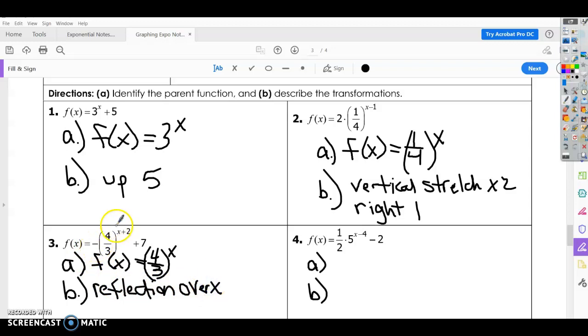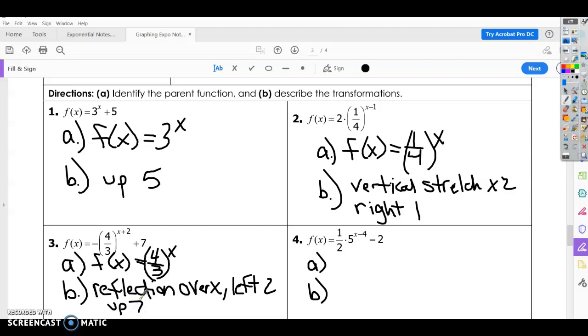And then this plus 2 actually moves you left. So that moves us left 2. And the last thing we have is this positive 7, and that moves us up 7.